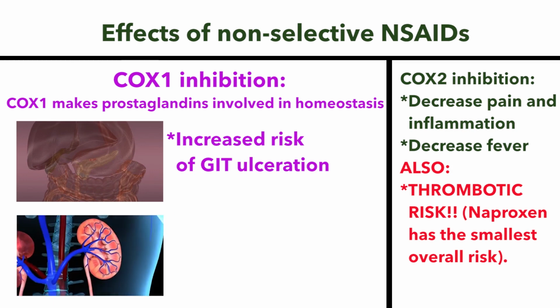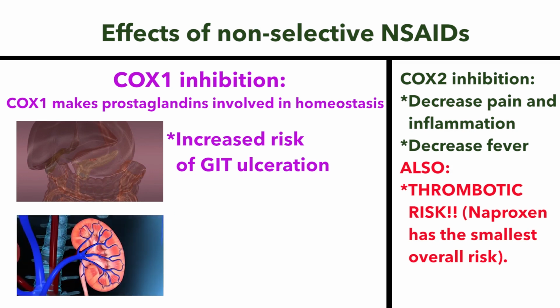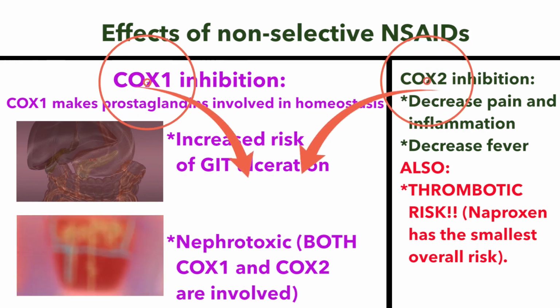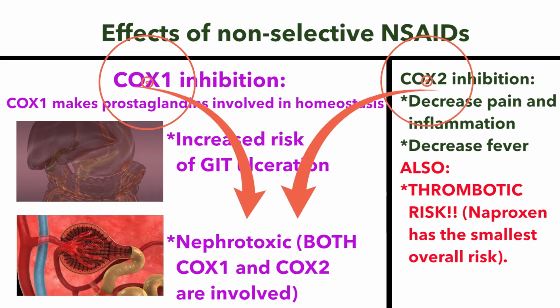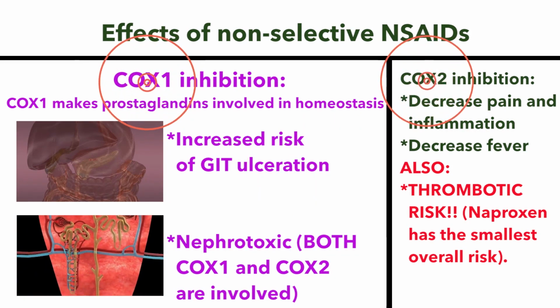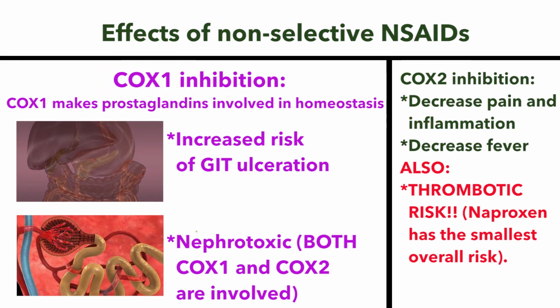And in the kidneys, there's an inhibition of the protective prostaglandins that are going to lead to a number of renal disorders, especially if the non-steroidal anti-inflammatory drugs are taken with other nephrotoxic agents, or if they're taken when not fully hydrated.